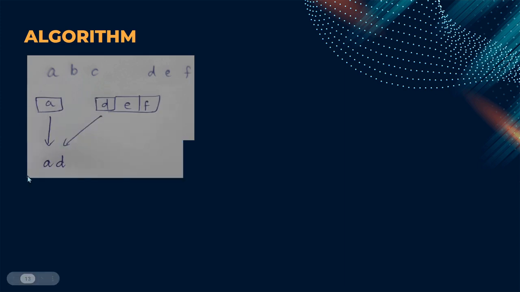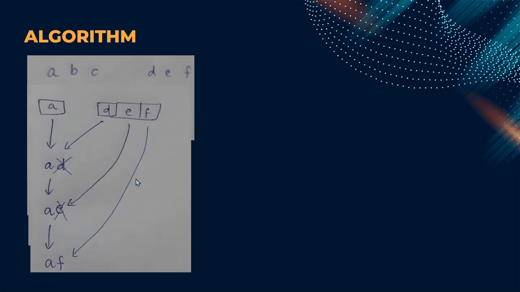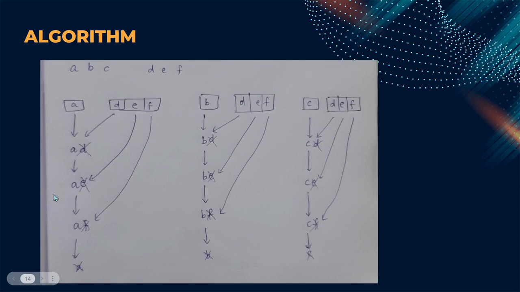A should be combined with D. Then we can reuse this A by eliminating this D alone, so that it can be combined with E. Then this D can be eliminated, so that we are left only with A, which can then be combined with F. All these generated strings can be added to the result, and then it follows the same for B and C as well.